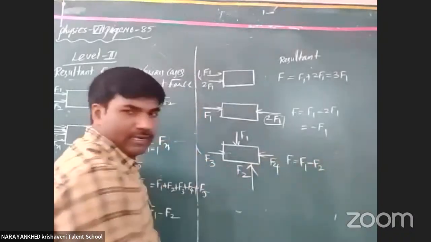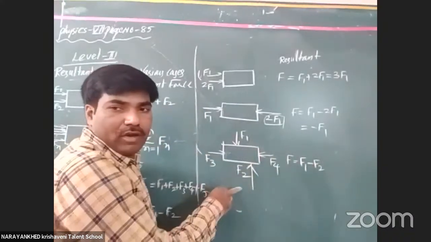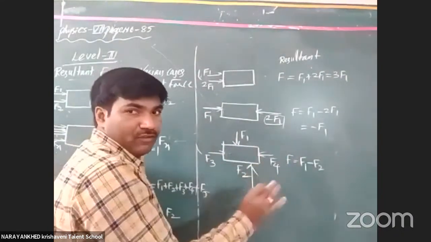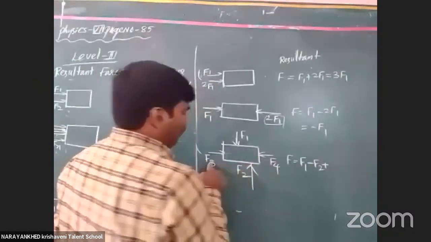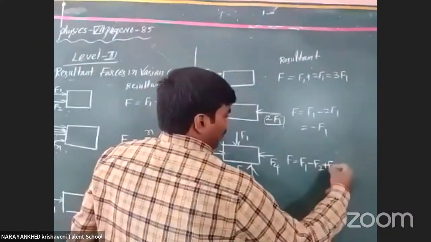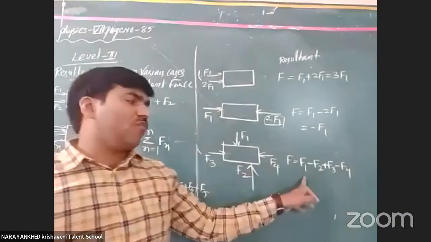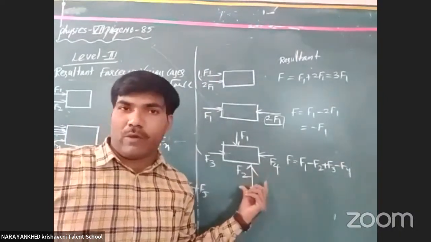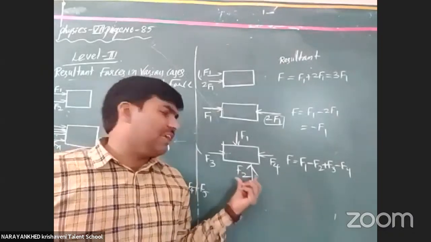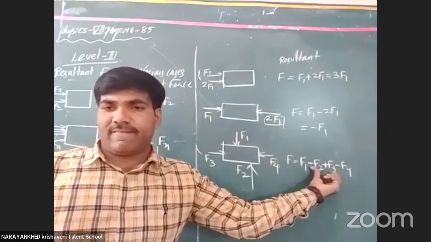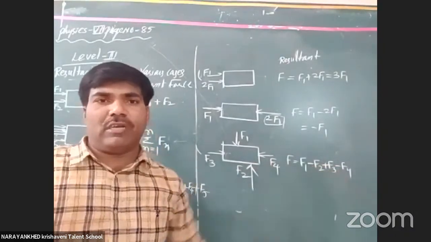If F1 you write as plus, then the one opposite to F1 you have to write as minus. Suppose I have taken F3 as positive, you have to take F4 as negative. Clear or not? In this mode they are considered. This type of problem may also just be given with numbers, and you substitute the numbers in this. Got it or not? I hope you got it.